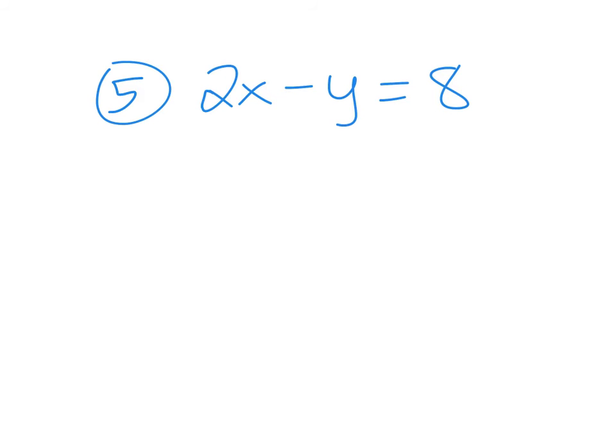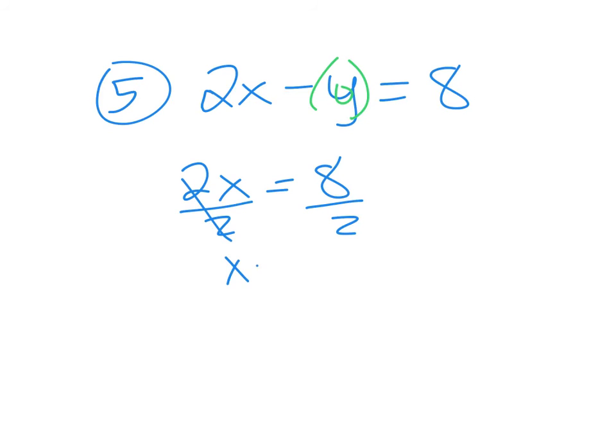Plug a 0 in. So let's solve for the x-intercept first. If I put a 0 here for the y, I get 2x equals 8, right? Because that y is just gone. Divide by 2, I get x equals 4.